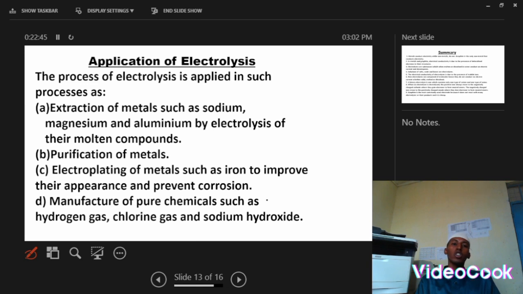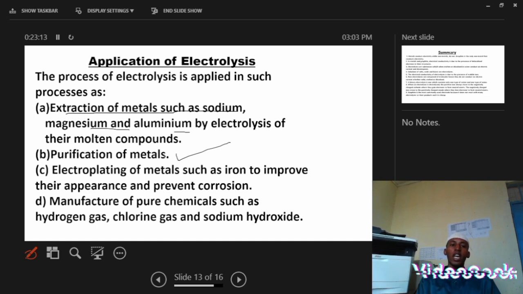The process of electrolysis is applied in the extraction of metals such as sodium, magnesium, and aluminum by electrolysis of their molten substances. Another application is the purification of metals. How to make metals pure? We apply this electrolysis process.